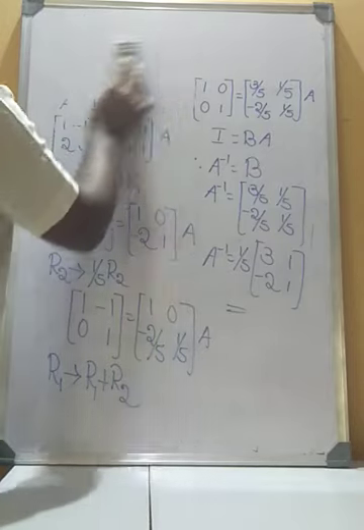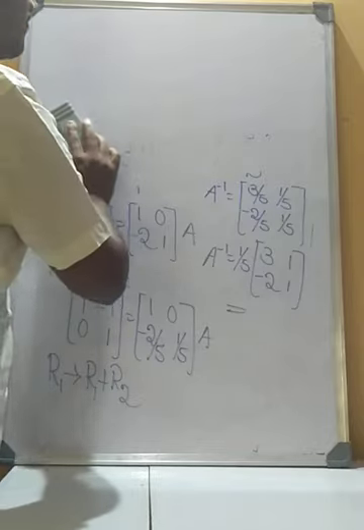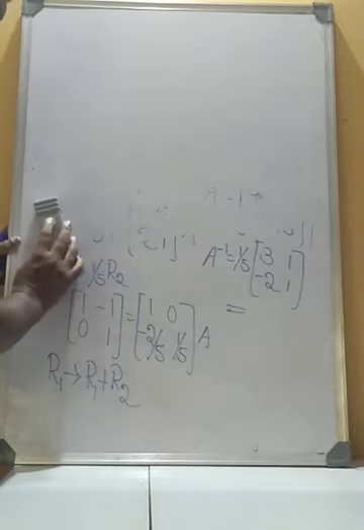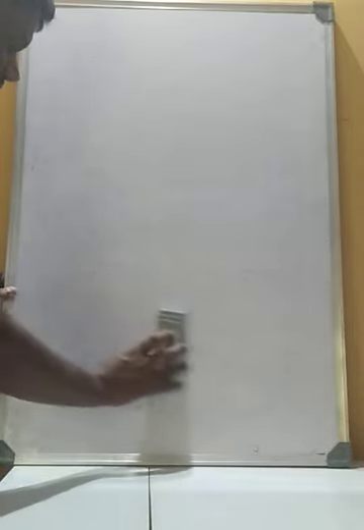Next, one more example. So in these two problems A inverse exists. Now I am taking one example where A inverse does not exist. How to do this type of problem? How to do this type of question?